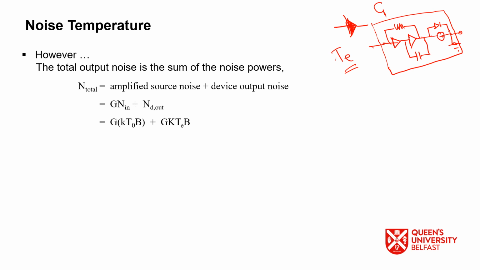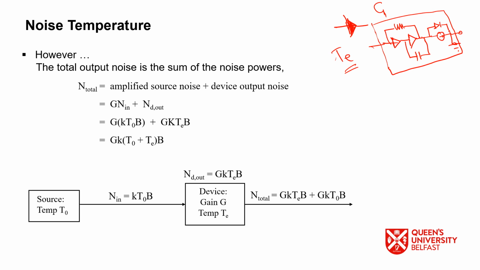We have already seen what N D out is. So N in is K T naught B, where T naught is the reference temperature, and N D out is G K T E B, where T E is the equivalent noise temperature. So from this we are going to get to an equation that is G K (T naught plus TE) B.